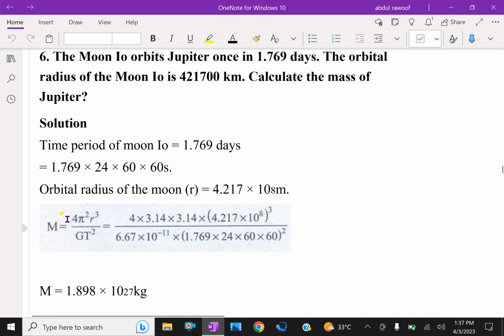Therefore, we know the formula: m is 4 pi squared r cubed by G T squared. By using Kepler's law, we get this formula, m equals 4 pi squared r cubed by G T squared.